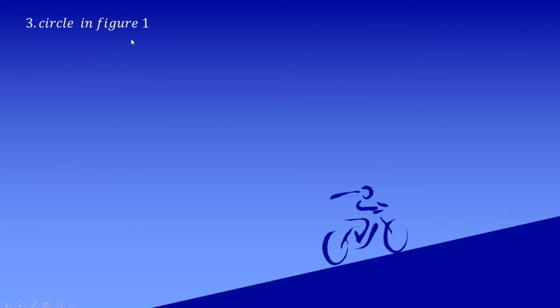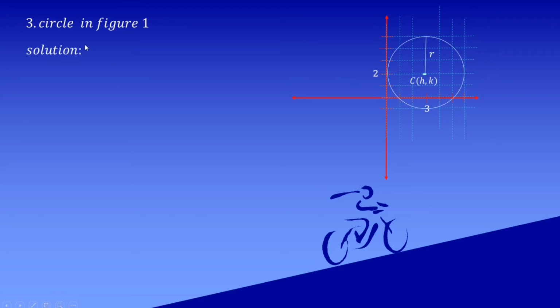For number 3, we have the figure here, a graph of a circle in the rectangular coordinate system. Ang given lang natin dito, we have the point here, the center of a circle. By inspection, alam natin yung h here. So, meron tayong point here for the center.